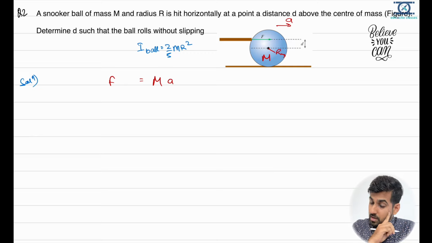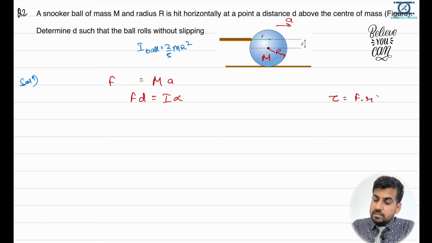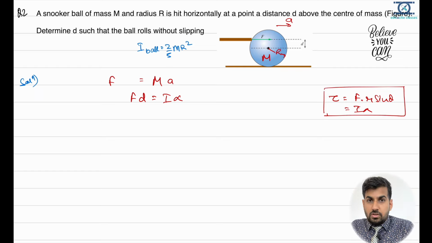Now this ball is rotating as well, so due to rotation I can say the force times perpendicular distance, so F times d is your I alpha. F times d is torque, which is force times r sine theta, theta is 90, so sine 90 is 1, and this is equal to I alpha. This is what we equate in the majority of the questions.